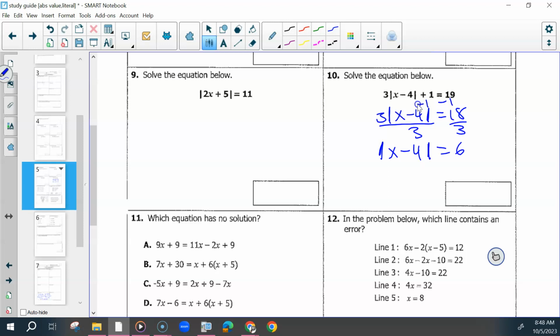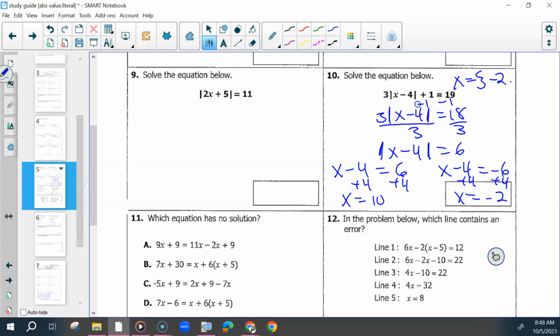Then you can drop them, set them equal to a positive, negative 6. And solve. So that we get negative 2 and 10, and we have to write that as a solution set somewhere.